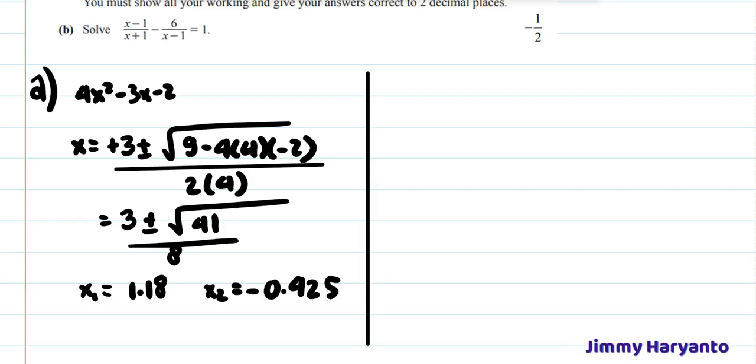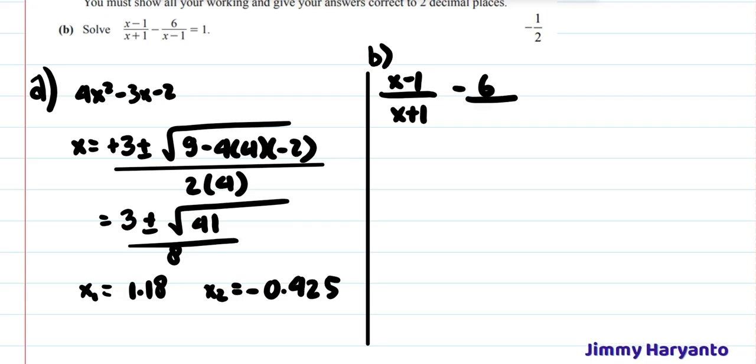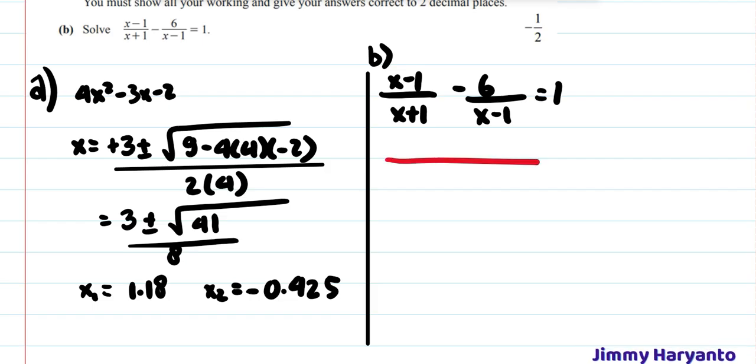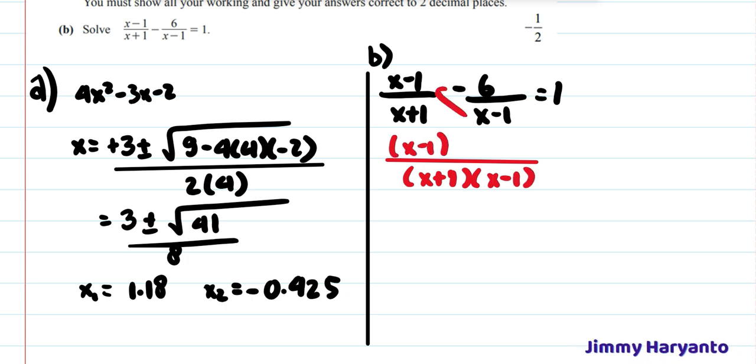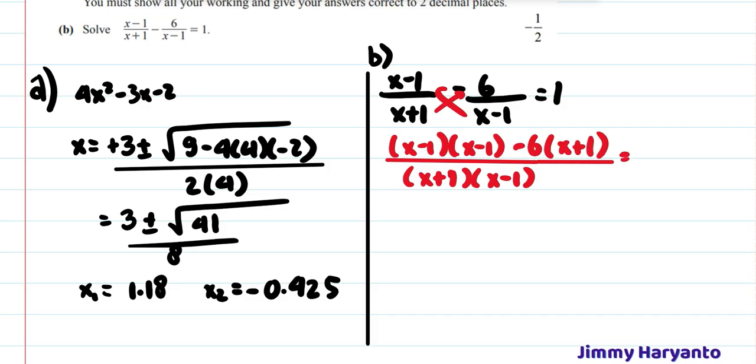Okay, for question B, you have x minus 1 over x plus 1 minus 6 over x minus 1 equals 1. Okay, so for this one, I will make the denominators equal first. Multiply them by x minus 1. You multiply this also, x minus 1 times x minus 1, and then you multiply this, minus 6 open brackets x plus 1, equals 1.